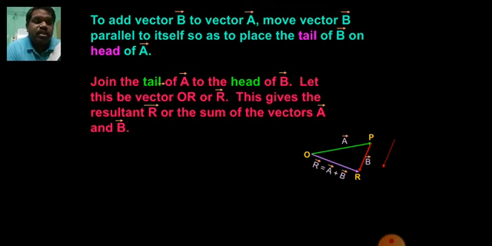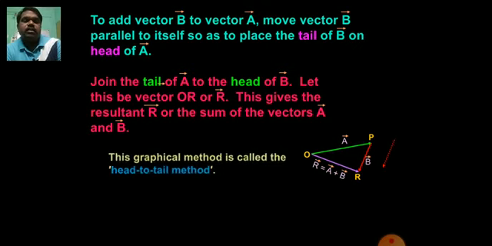So the third side, that is vector R, here R is known as resultant. Resultant of vector A and B will be vector A plus vector B. So this is how we can draw the resultant of any two vectors in triangle law of vector addition.